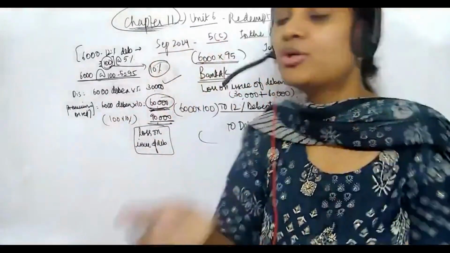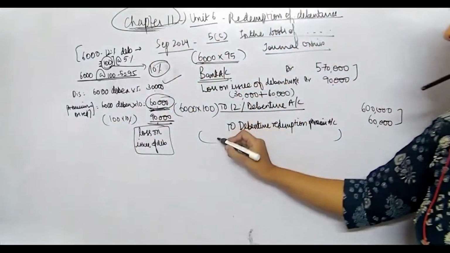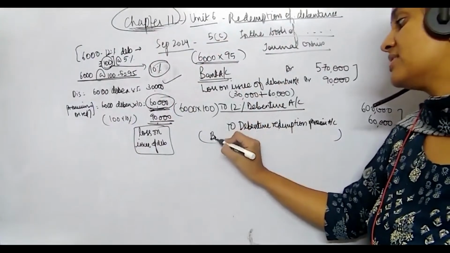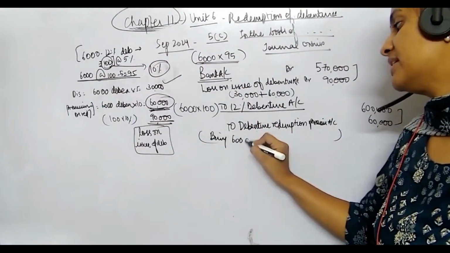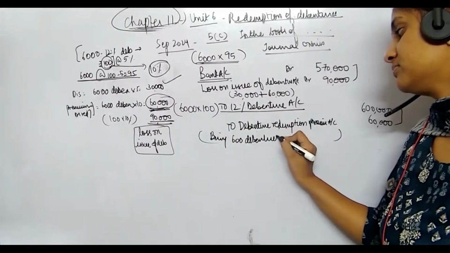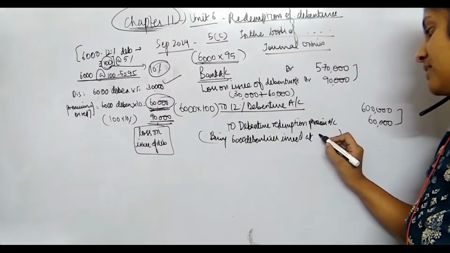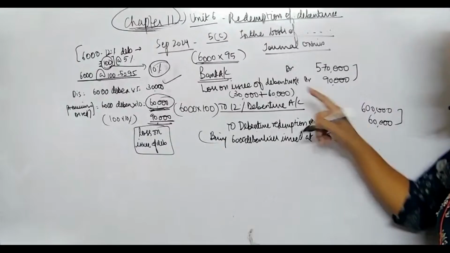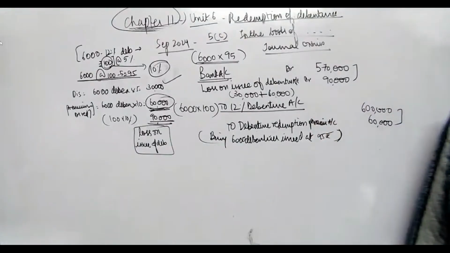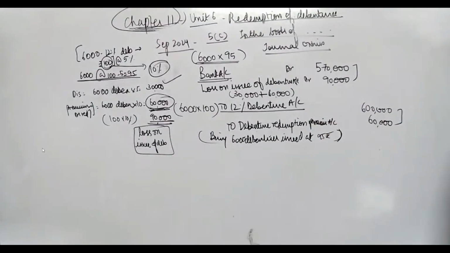So you should record everything here. So this is 6,000 debentures issued at 95 rupees, and that particular entry I am making as one single entry. Clear everybody?